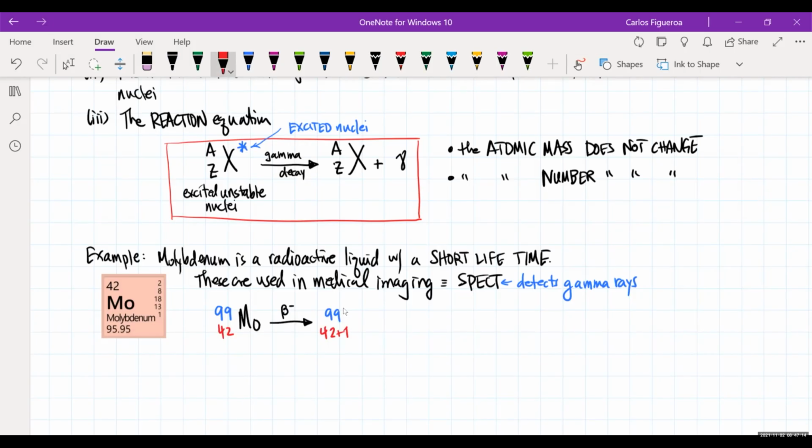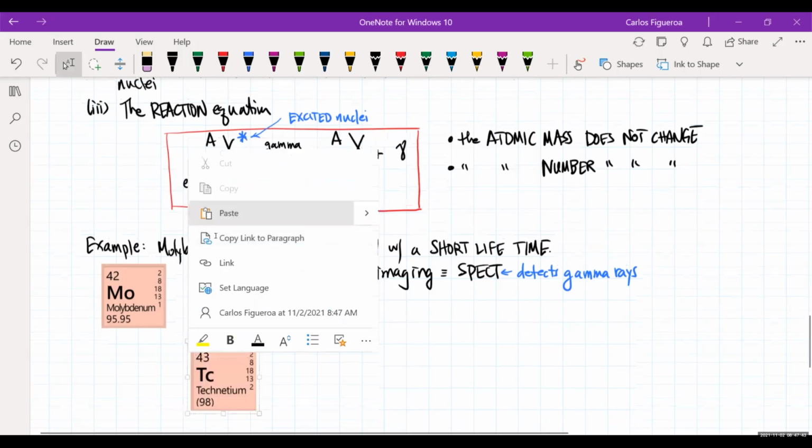So I get the element 43, and that element becomes technetium. During this process there's a beta emission, so it's emitting that. But here's what's special: technetium is now left in an excited state.